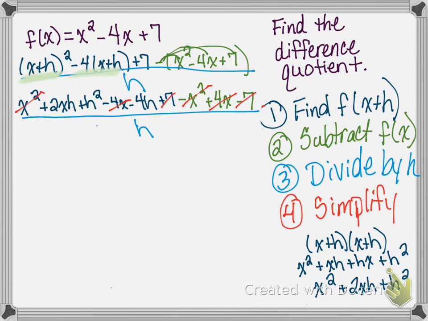If you don't simplify quite a bit of things out, then you've made a mistake somewhere. They're going to cancel. So now I'm left with 2xh plus h squared minus 4h, and I'm dividing by h.